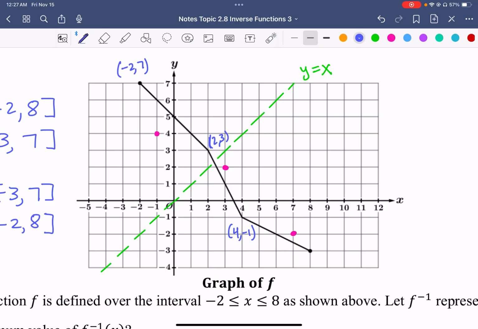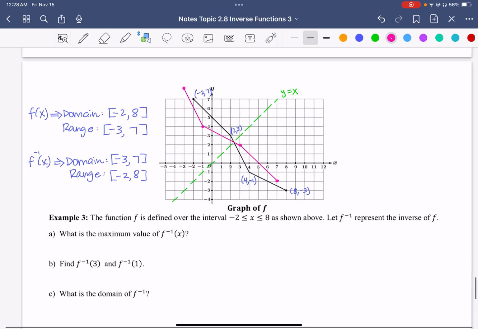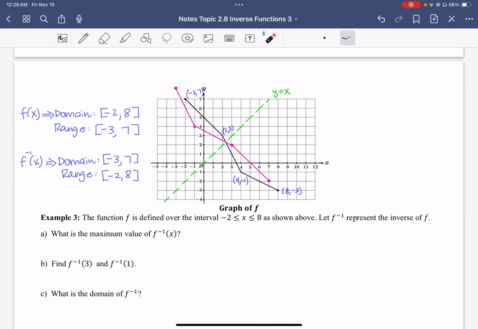And then the last one is at 8, -3. So when I switch them, I would have -3 and then +8. Somewhere up here perhaps. And then I can connect all these together. And it should look something like this. So what is the maximum value of the inverse, which is the one in pink? The maximum value here was 7.